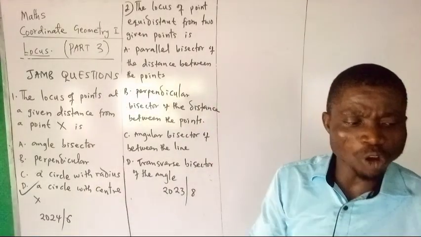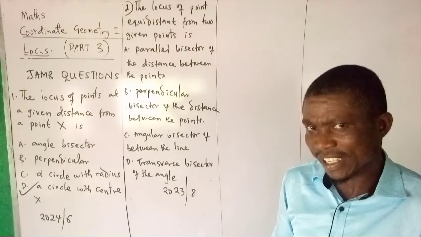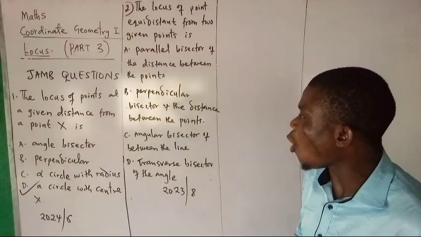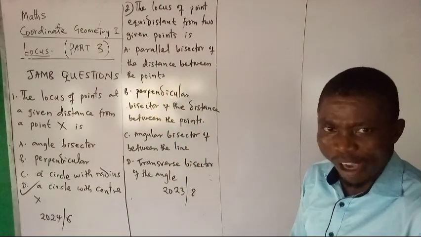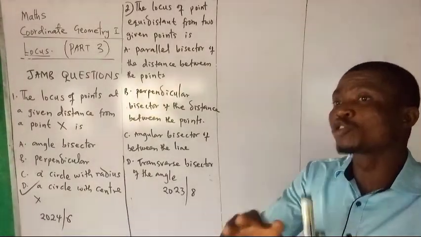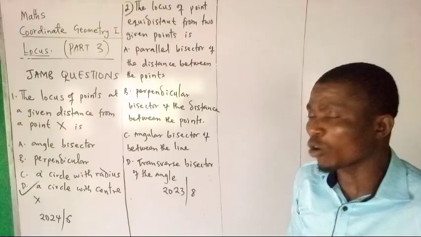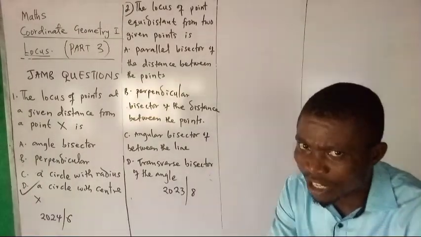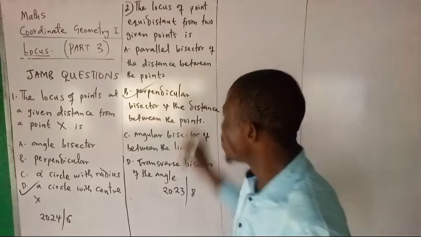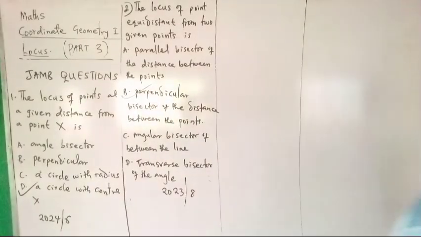So the locus cannot be parallel bisector, right? Now option B, perpendicular bisector of the distance between the points. Like I told you when I was listing the theorems, for two fixed points, the locus of points is a perpendicular bisector of the line between the points. So option B is correct.